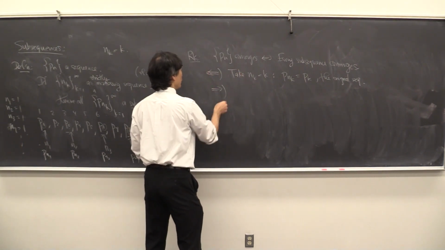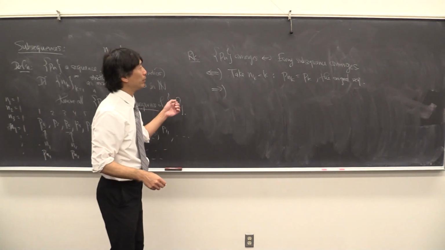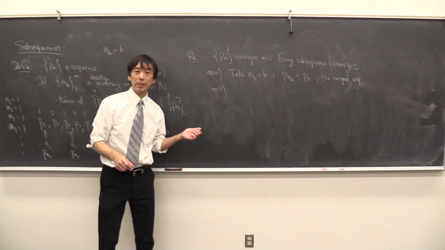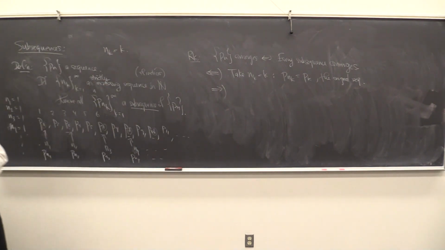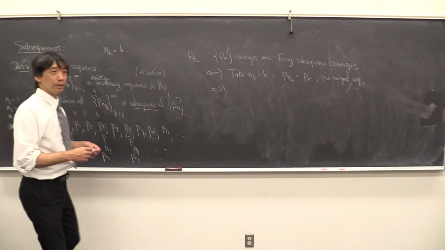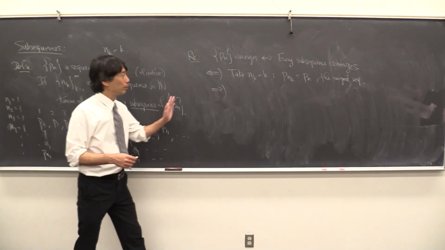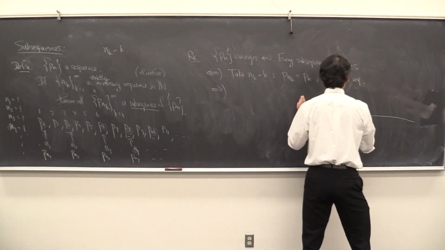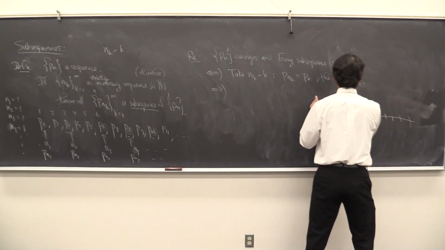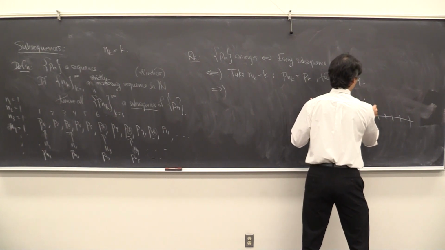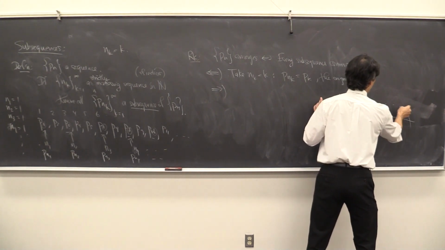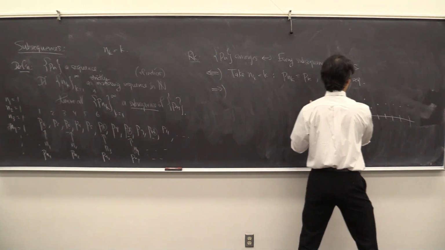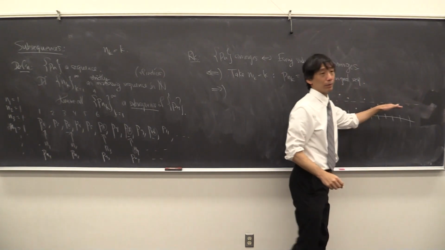Okay. Going forwards, if P sub n converges, then every subsequence converges. Why does that seem reasonable? Does anybody have a feeling about that? Think of convergence: you've got your sequence, and there's some L that these guys get closer to.